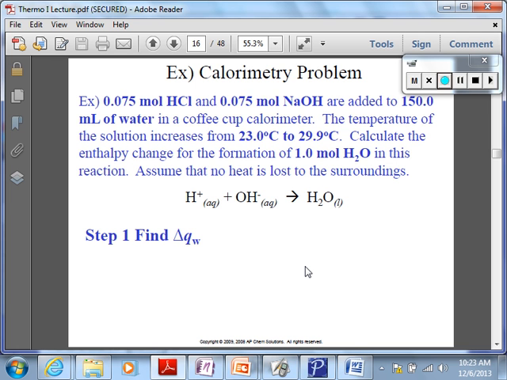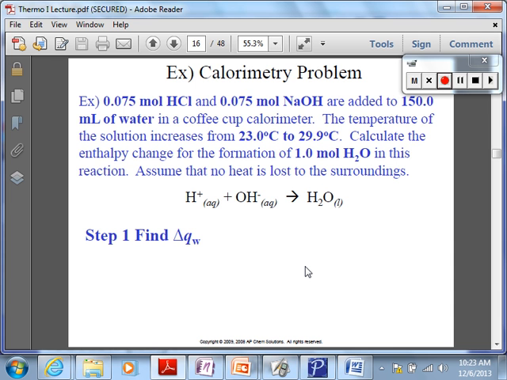The temperature of the solution increases from 23 to 29.9. Calculate the enthalpy. So they want me to calculate delta H, but I have to calculate Q first, right? So that can be Q over moles, find delta H. For the formation of 1 mole of water in this reaction, assume no heat is lost to the surroundings.